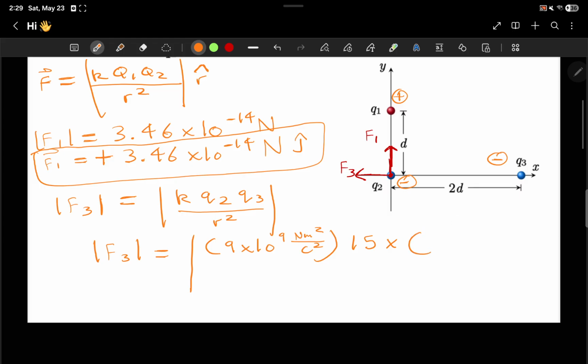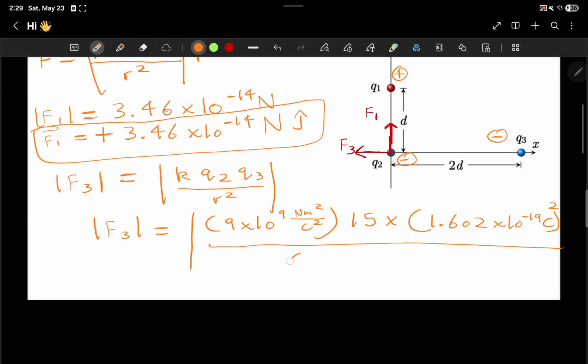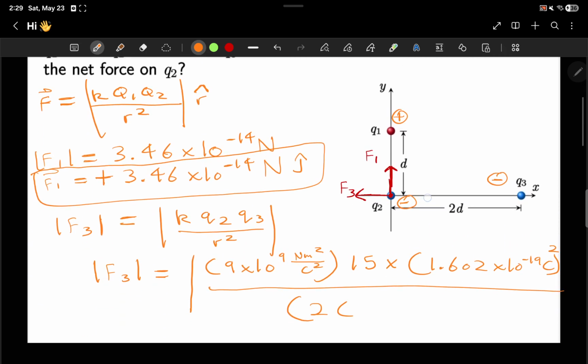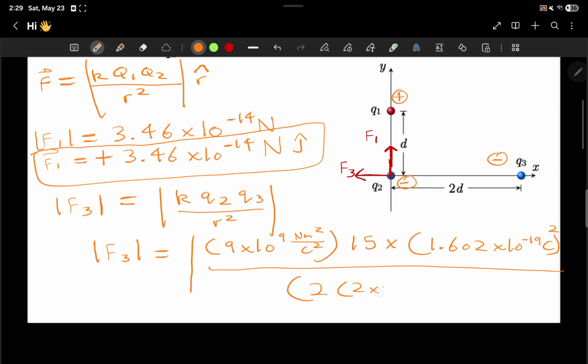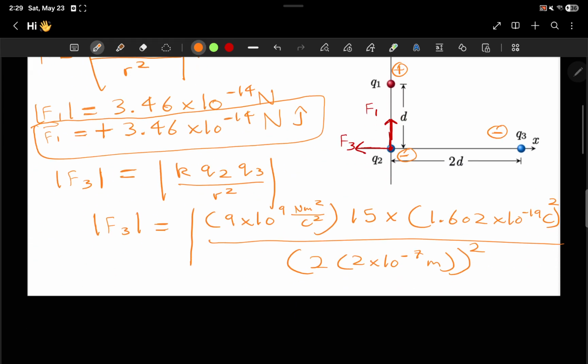And e is known to be 1.602 times 10 to the negative 19 coulombs. And again, don't forget the squared. And we divide this by the distance between charge 2 and charge 3. This time the distance will be 2d. So it's 2 times 10 to the negative 7 meters, all squared.